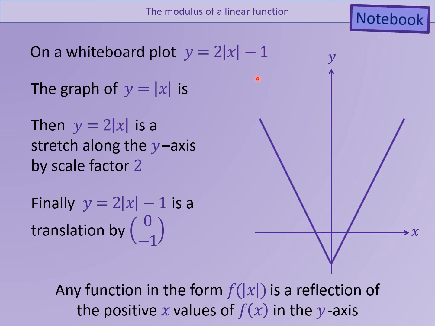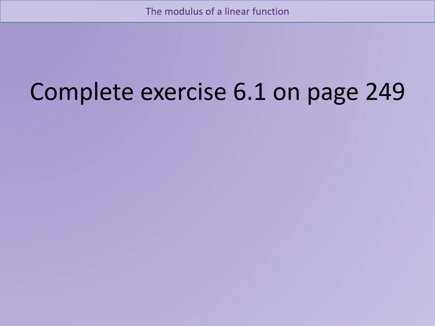If you've got mod x like that, it's always going to be a reflection in that y-axis. Any function where the mod is just around the x, always a reflection there. That wasn't true for the previous ones. We saw that bounce in here, for example. Okay, that's different. So what I'd like you to do is have a go at exercise 6.1 on page 249.